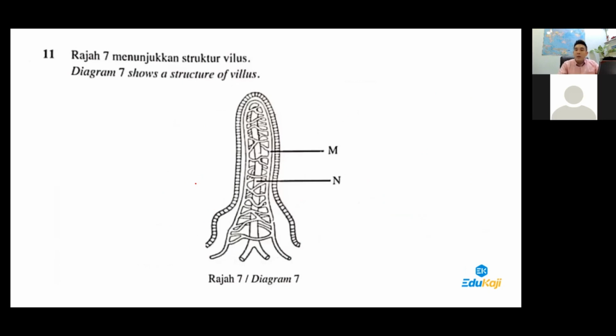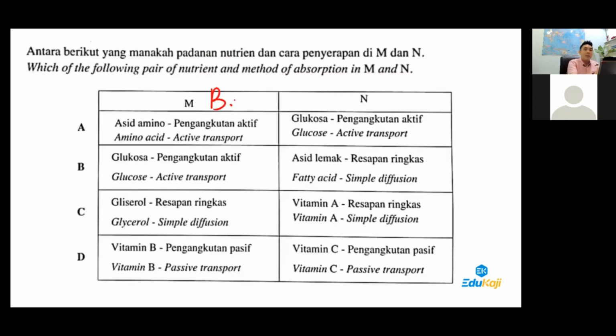Okay, 11 here. Now, before we start, you must be able to identify that M refers to blood capillaries and lacteal. Blood capillaries, then lacteal. So blood capillaries, revision, they absorb glucose, they absorb amino acid. Mainly glucose, amino acid.